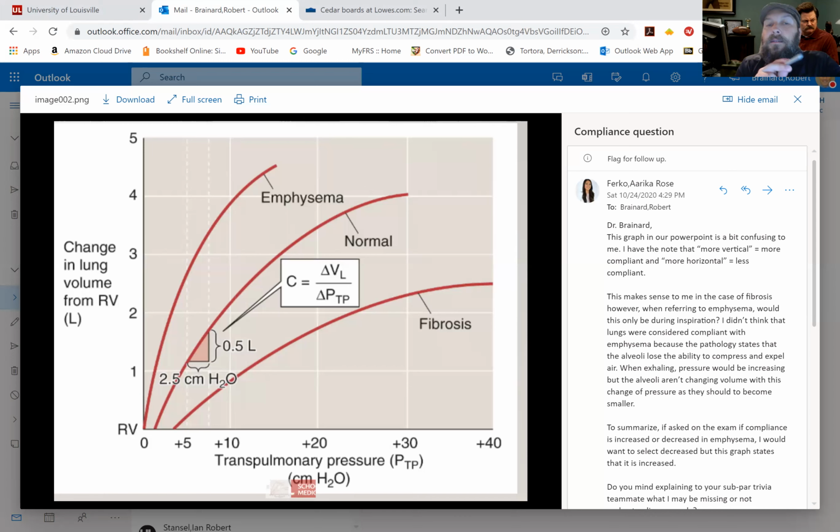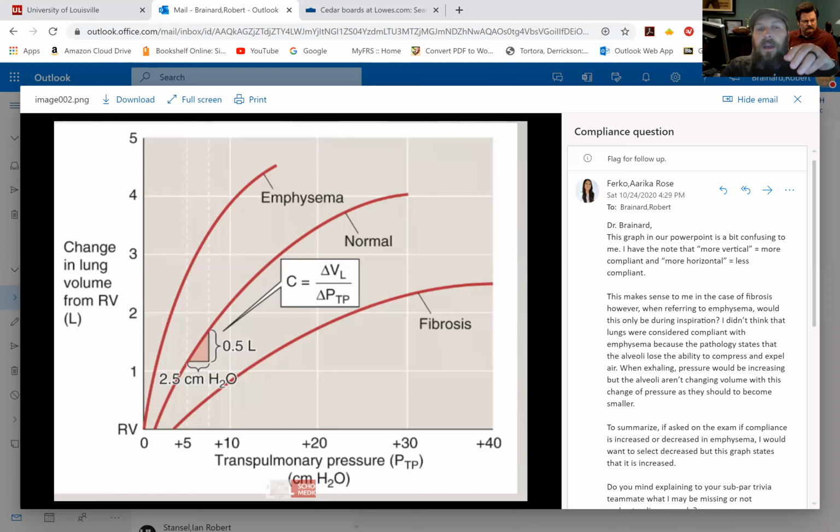But because they're only breathing in that area and the emphysematic curve is more steep, that means that under normal tidal breathing, someone with emphysema is going to have increased compliance. Someone with fibrosis, if you just look at that little tidal breathing curve, will have decreased compliance.